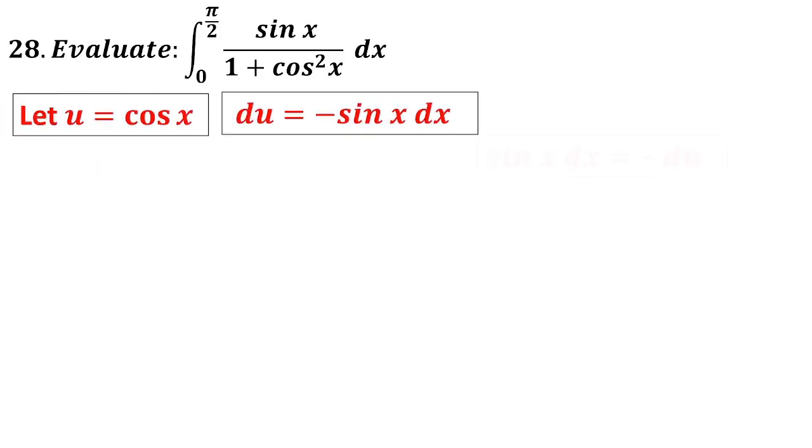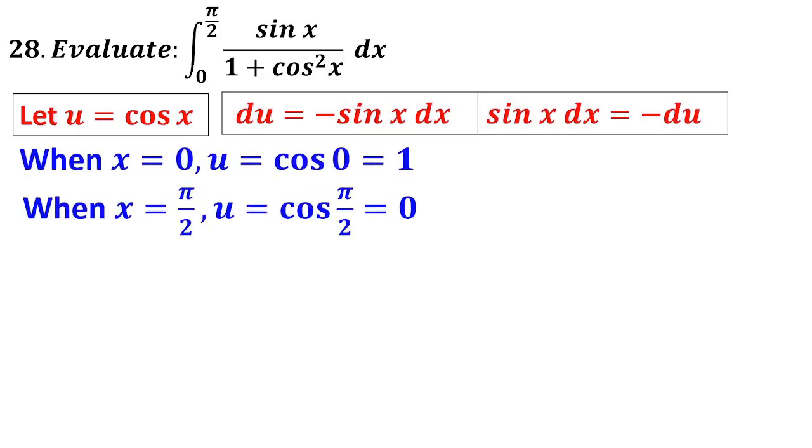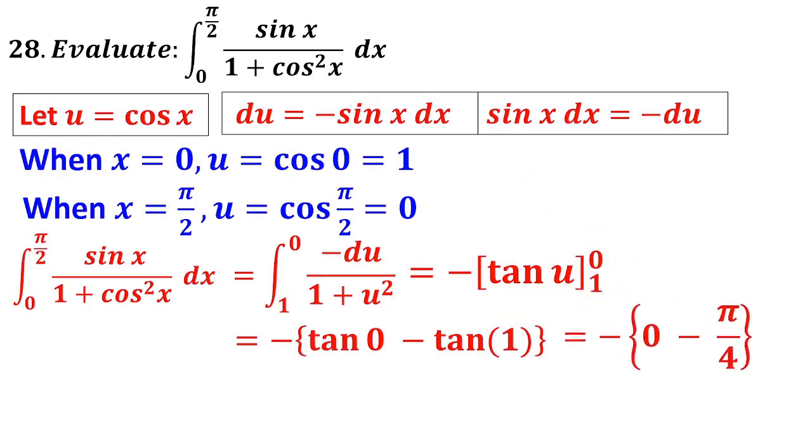Therefore, I am taking u is equal to cos x. Sin x dx is minus du. I am changing the limits. There is no need to do it, but if you change the limits, no need for resubstitution. Therefore, it will become minus du by 1 plus u square from 1 to 0. When I substitute, I am getting minus of minus pi by 4. The answer is pi by 4.